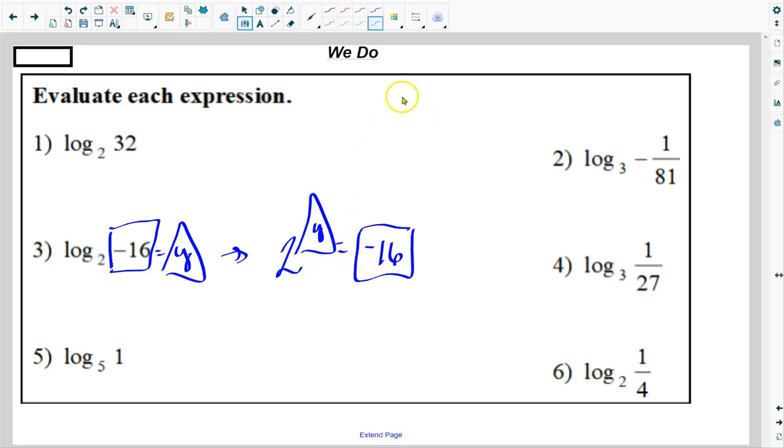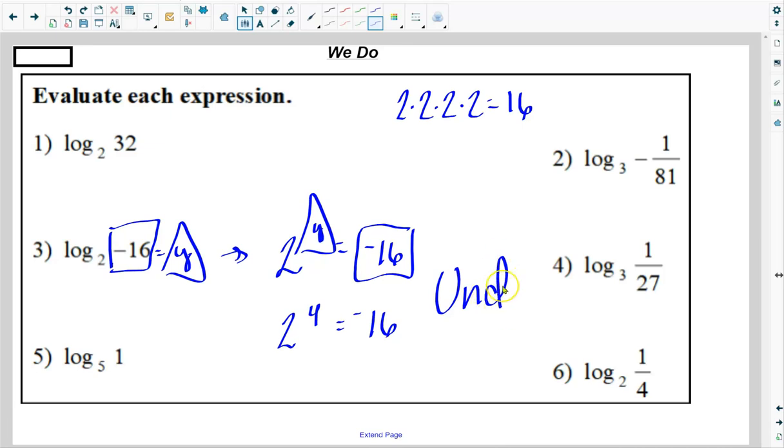Well, that's weird. Let's get the 16 first. 2, 4, 8, 16. Here I don't have to worry about the fraction component. So 2 to the 4th equals 16, but the negative, how do I introduce that? I can't. So once again, we're going to have undefined.